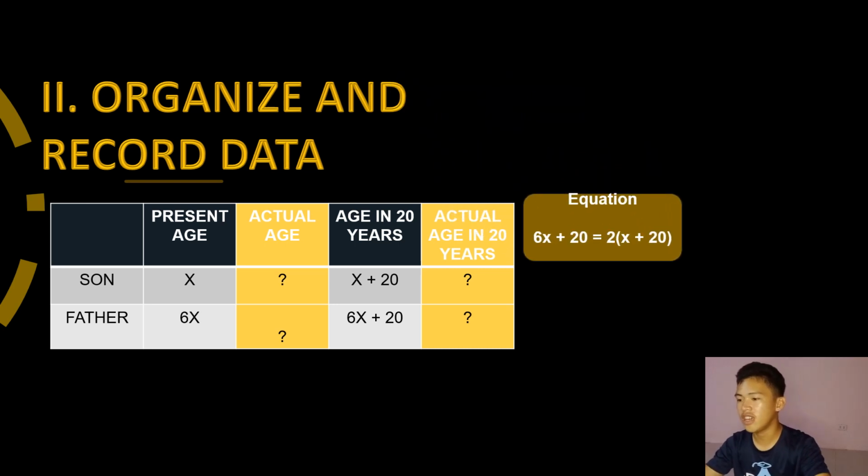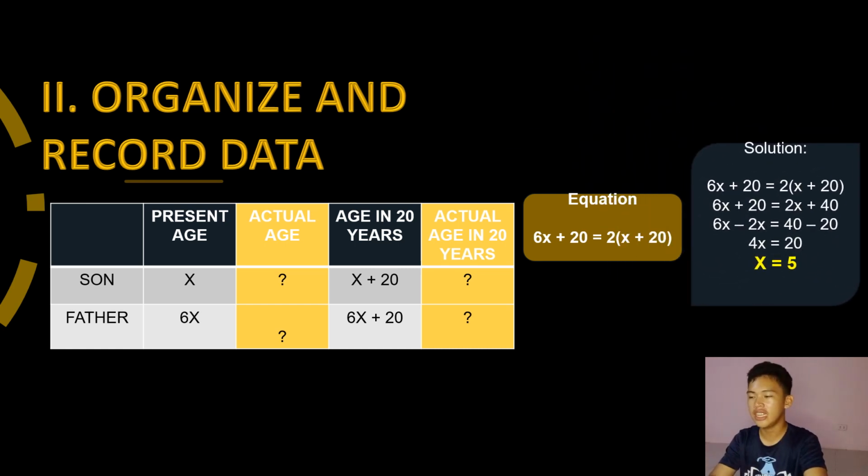So we have here the equation. 6x plus 20 is equal to 2 quantity x plus 20, because he said earlier it's twice and 6 times. So this is the equation here: 6x plus 20 is equal to 2 times the quantity x plus 20.